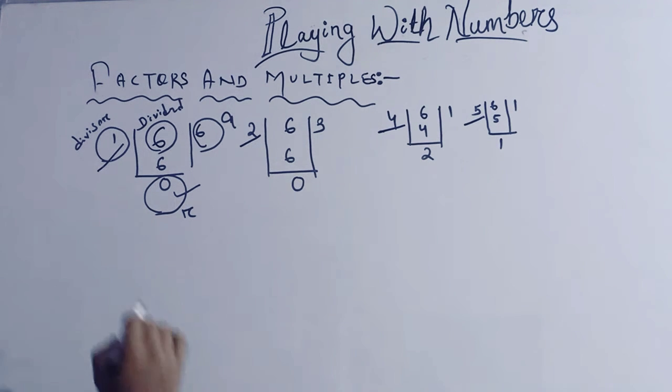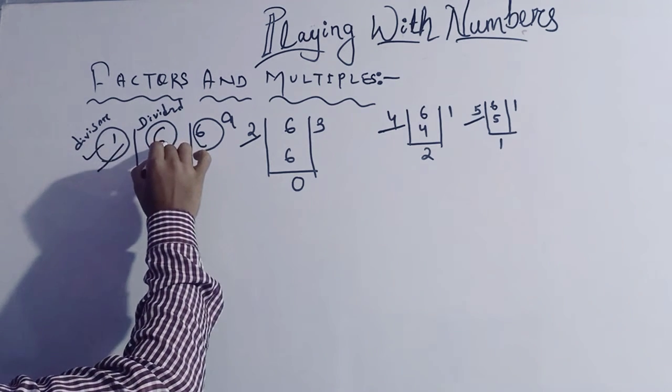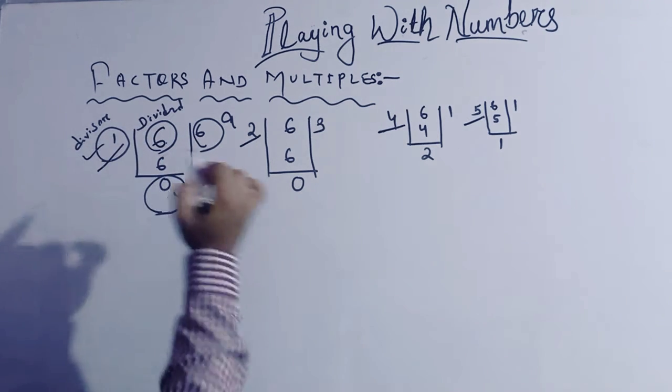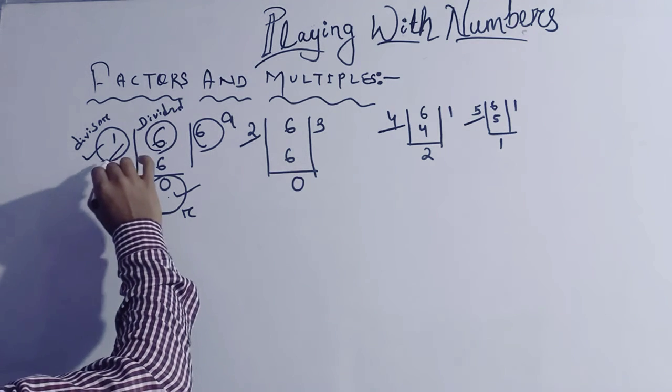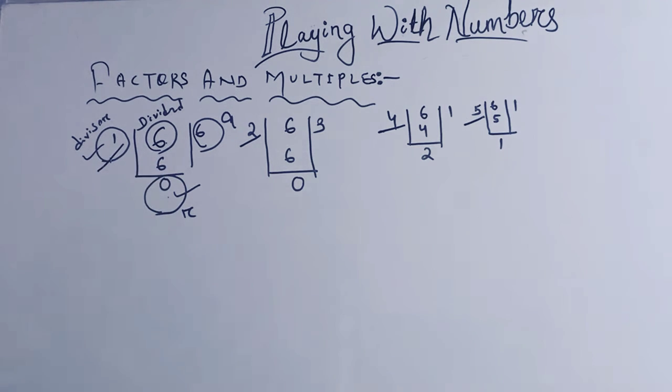Exact divisor means this one can divide the 6 perfectly, nothing is left. So this divisor is also the exact divisor.